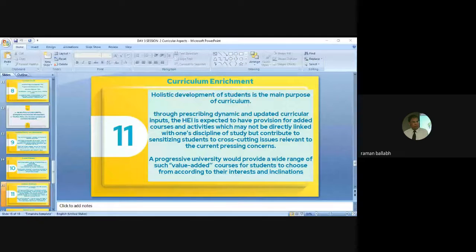When you are teaching this quantitative analysis, you always feel that you should have taught these topics also. So these gaps are there. You always feel that these things are needed, but they are not in the syllabus. That is known as value addition.